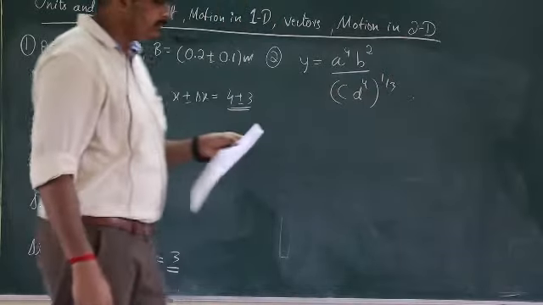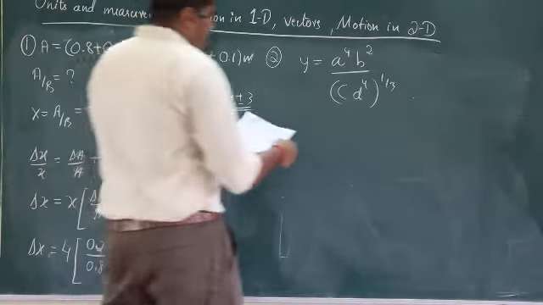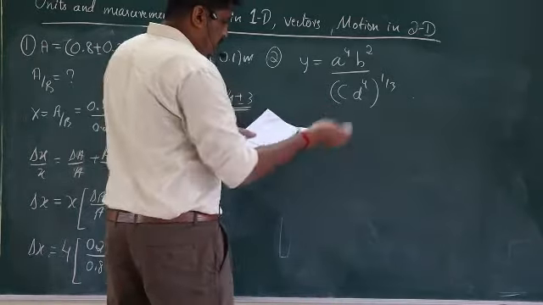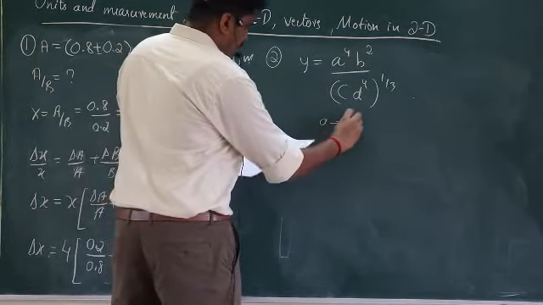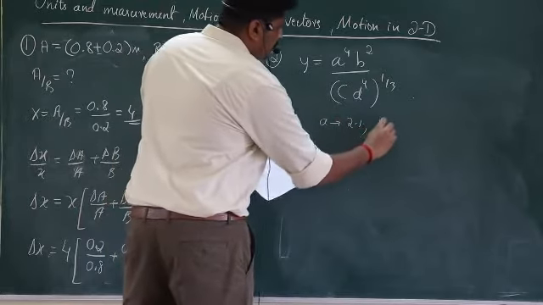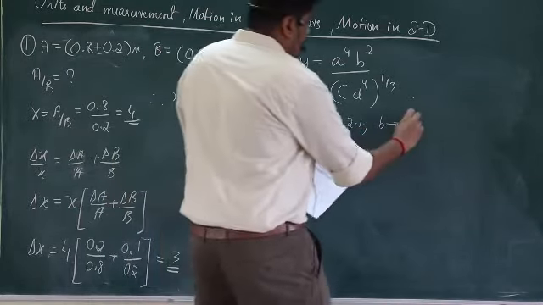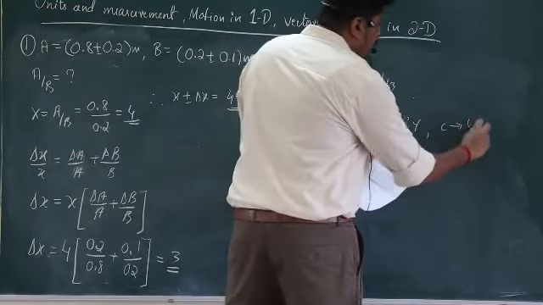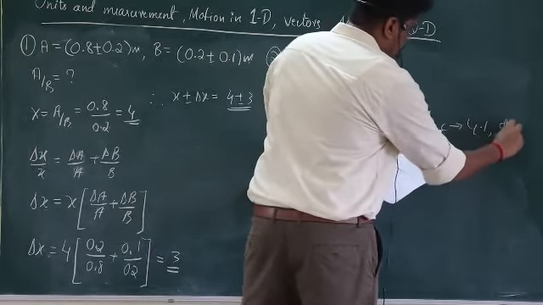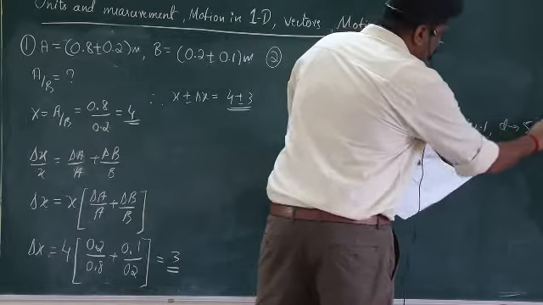Of course, the percentage errors of A, B, C, D are given. A is 2%, B is 3%, C is 4%, and D is 5%.